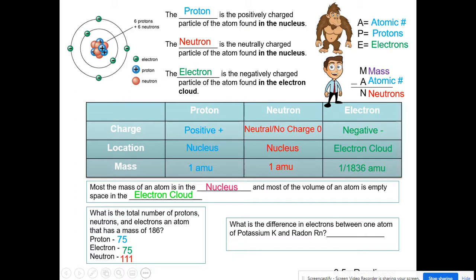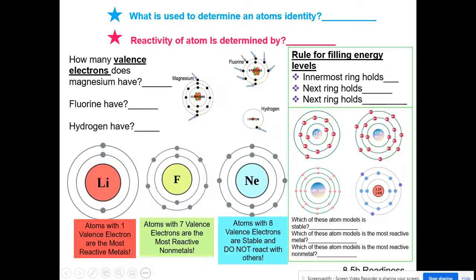What's the difference in electrons between one atom of potassium K and radon Rn? I'll give you another moment. The answer is 67, because 86 minus 19 is 67.